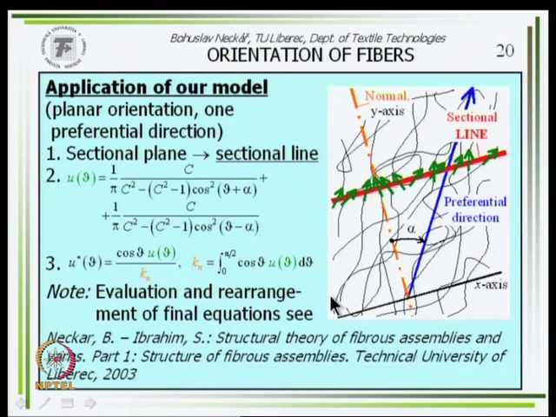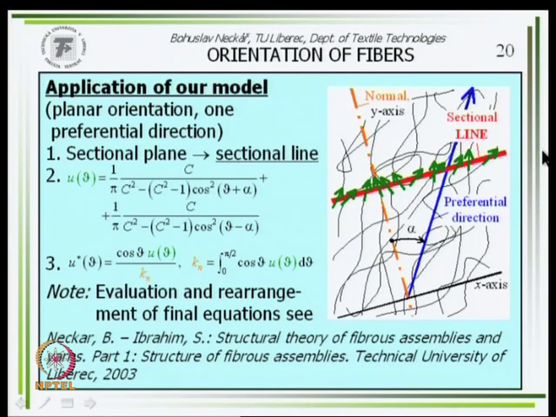These are the equations which we needed. Let's solve the problem: how is the distribution of directions? Let's imagine we have, for example, a web of black tin fibers, like in our picture here. We make some section.